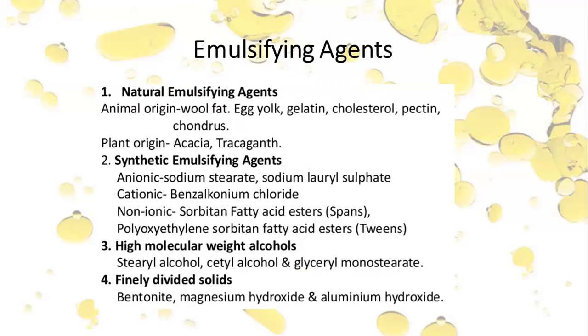Remember, where we are using these vegetable or natural emulsifying agents, we have to remember that the use of preservatives is very important because carbohydrates act as a medium for bacterial growth. Okay, the following are some emulsifying agents belonging to this class, like acacia. Acacia is considered to be the best emulsifying agent for extemporaneous preparation of emulsions for internal use.